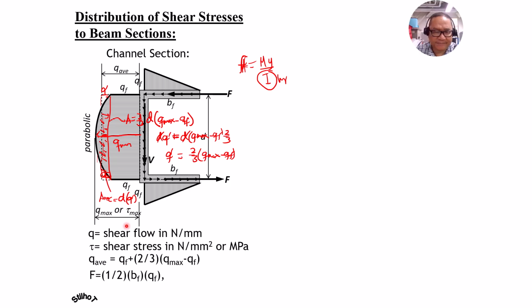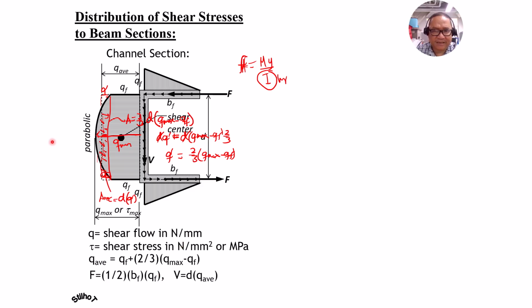That's the expression for F. Then, of course, if we have here the moment center, then the moment of this vertical shear about that shear center is equal to the couple developed between these two forces F. So V is also equal to, this vertical shear is also equal to length D times average shear flow. That's the other way of expressing that.